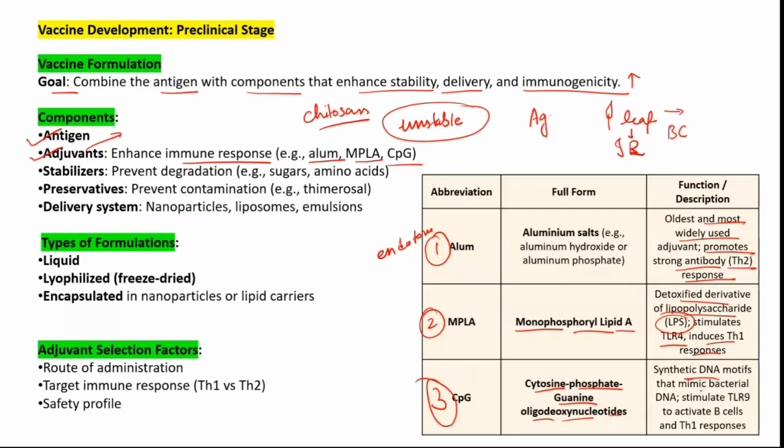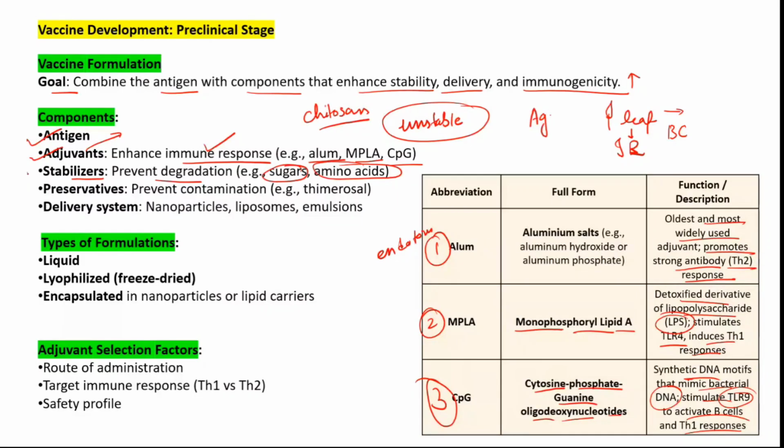It is a synthetic DNA motif that mimics bacterial DNA. It acts as bacterial DNA because in bacteria we have multiple CpG nucleotides. So it will stimulate TLR9 to activate B cell and Th1 responses. So we have adjuvants to enhance the immune response. We have stabilizers to prevent degradation, like we introduce sugar and amino acids into the antigen preparation.